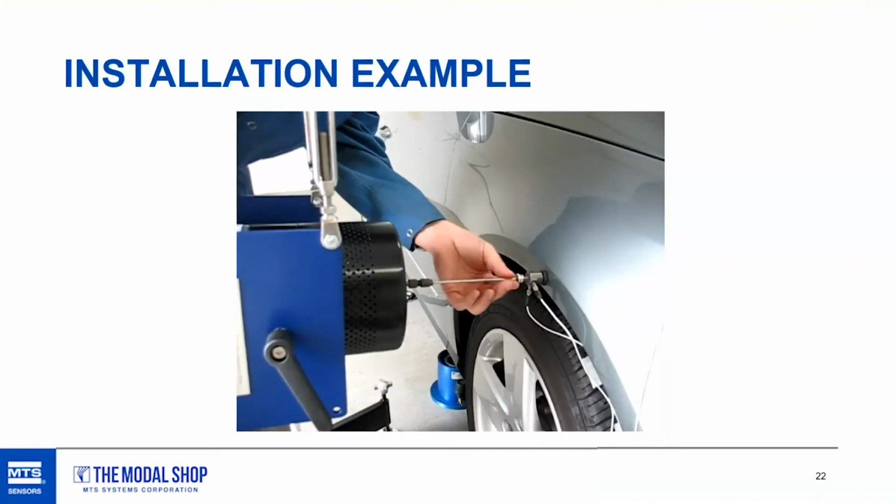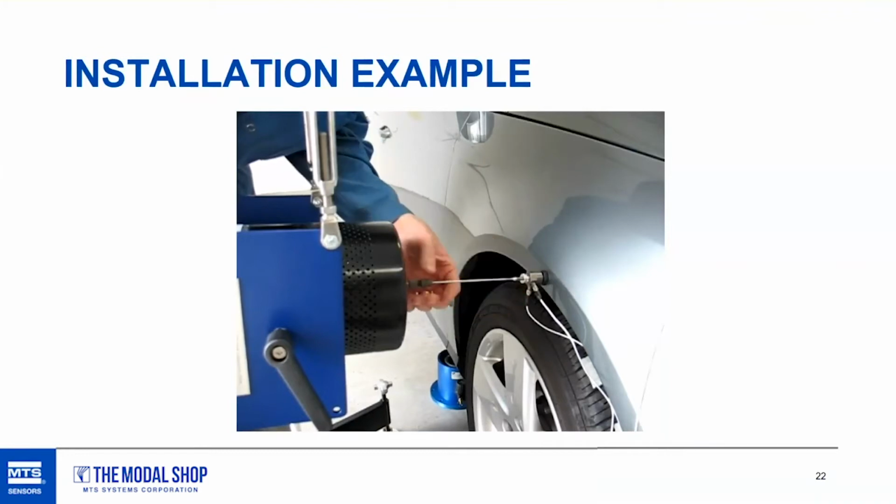You first connect that stinger to the sensor. In the picture here on the video, everything is just being hand tied, but of course, you can use the wrench and the counter wrench on the chuck end to do a final adjustment there.